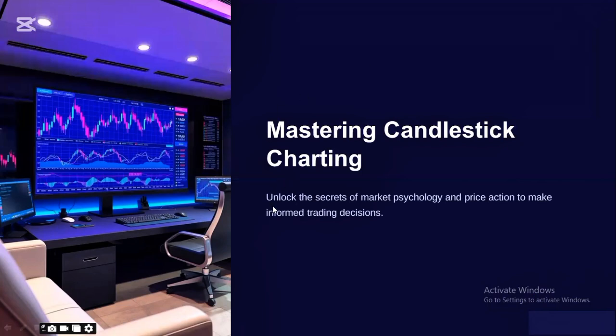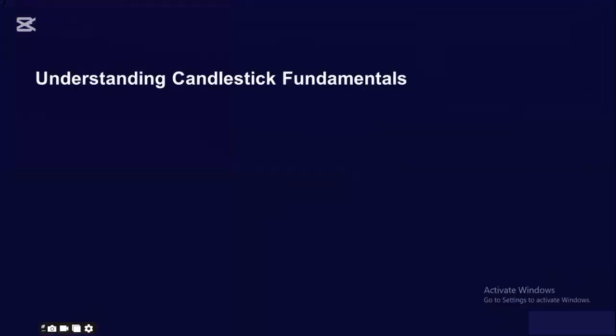Unlock the secrets of market psychology and price action to make informed trading decisions. It simply means that one of the keys to market psychology is understanding your candlesticks and candlestick patterns. So, understanding candlestick fundamentals.